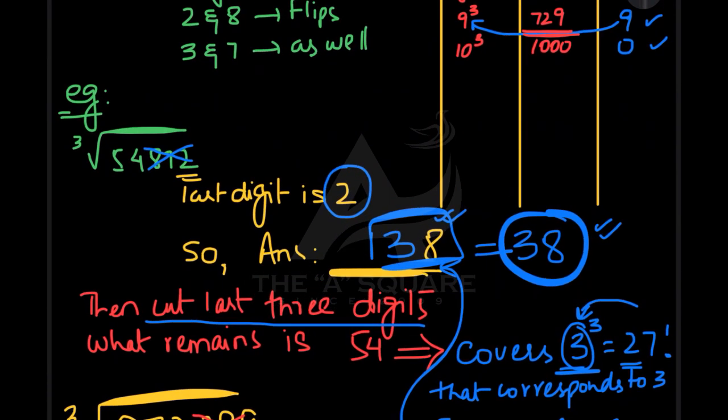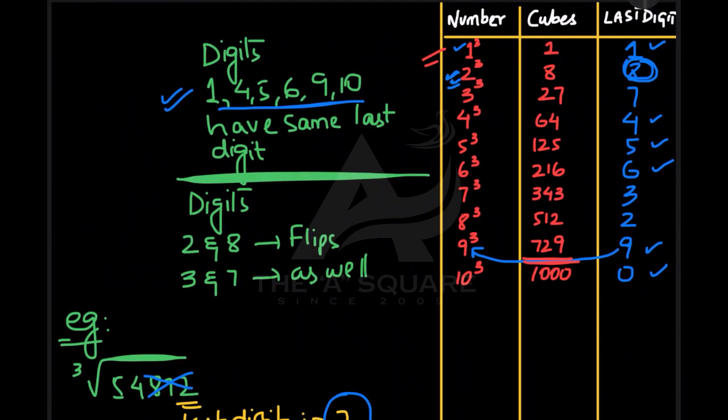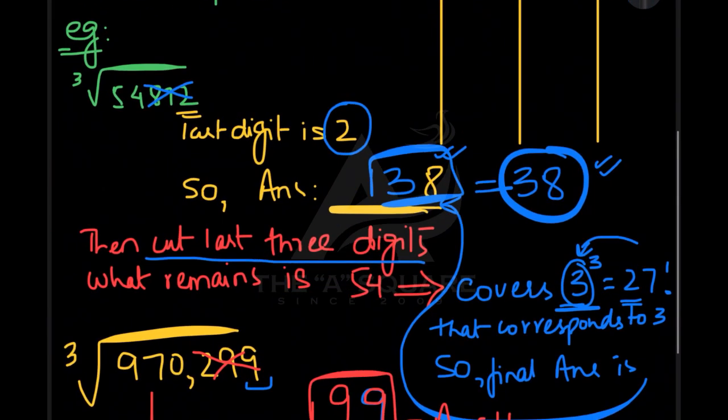Now 54 covers 3 cube, 27. 54 comes right after 27 but before 64. Here I can easily identify this, where 64 is larger than 54, but 54 is covering till 27. Hence, 27 is the cube of 3.